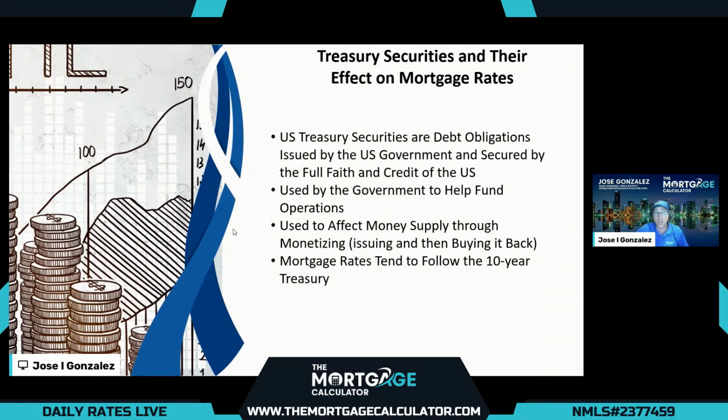Obviously, as we all see in the non-QM world, it also has to do with the appetite of the secondary market for a particular type of product. So right now, DSCR is really hot. Bank statements are really hot, and 1099 loans are really hot, which means secondary has a good appetite for those. So you're going to have more guideline options, better rate options, better pricing on those than you would on the other non-QM types.